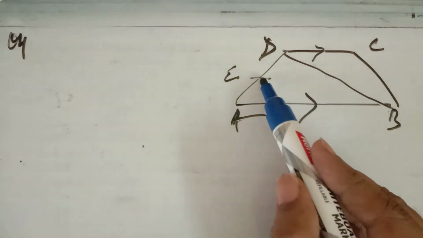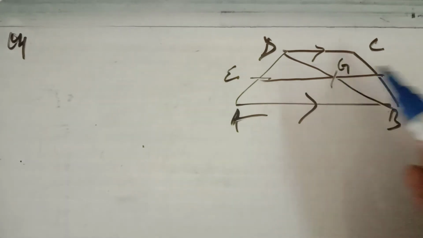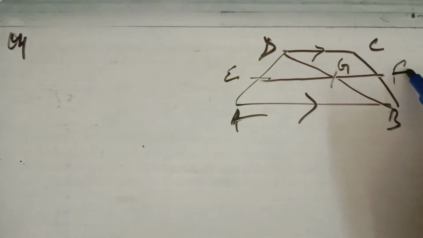And a line is drawn parallel to AB meeting BD at G, and you have to prove that F is also the midpoint of BC.